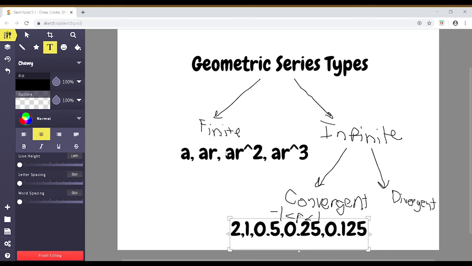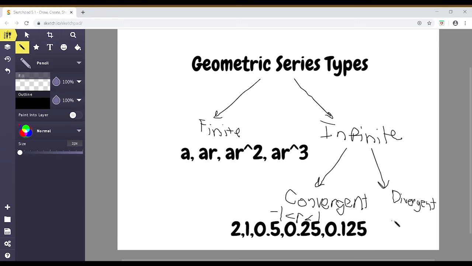Divergent series is where r is actually greater than 1 or less than -1. So this means that whenever you have r, it's going to increase the magnitude of the prior value. So let's say you had a, then you had a times -5, okay?